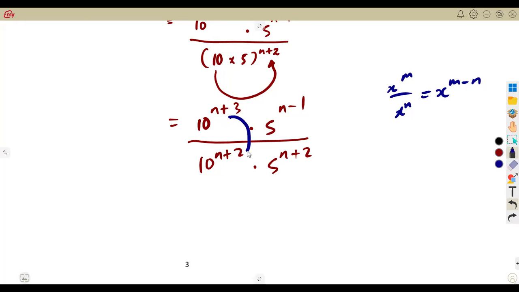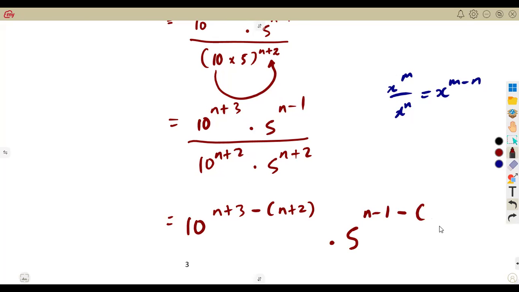So that is 10 to the exponent of n plus 3 minus the exponent n plus 2, times, you move on to the 5, to the exponent of n minus 1 minus n plus 2. Take note, the 10 on its own, the 5 on its own.